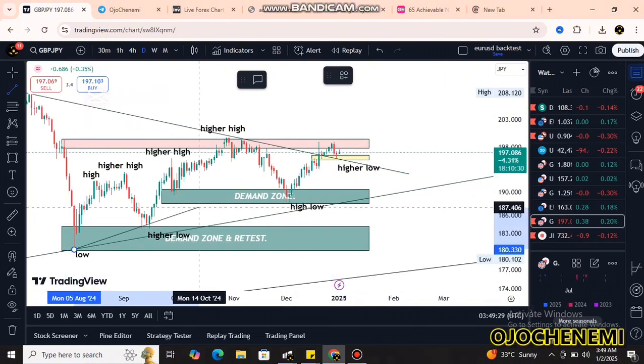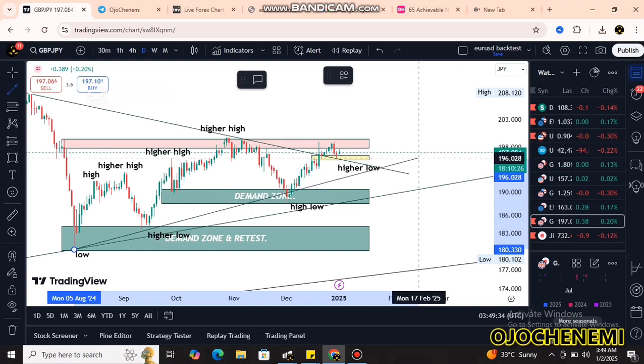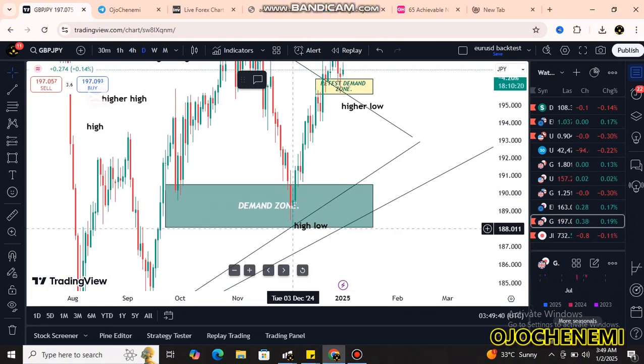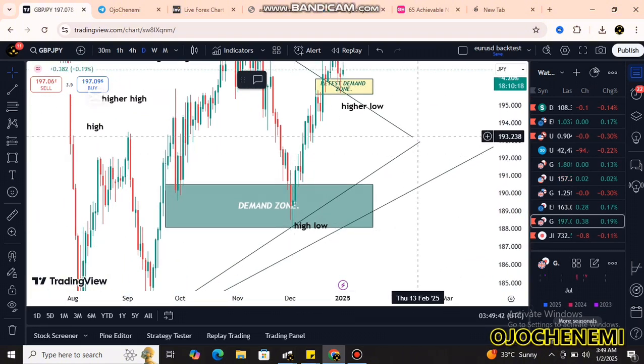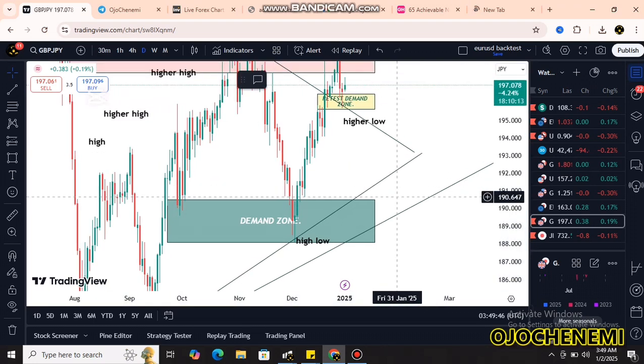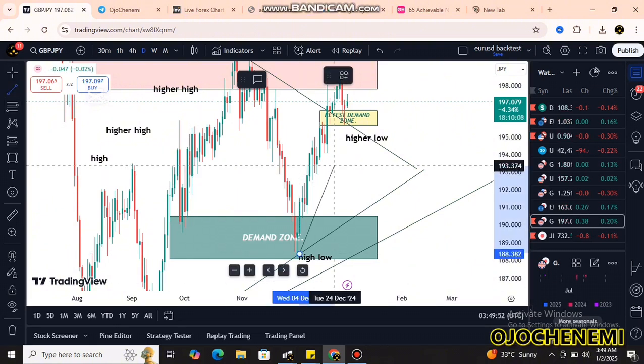So you'll be asking, I deleted some lines, so I would love to show you why I deleted two lines here. On the inner trend line, we still have point 2 here now as our counter trend line.